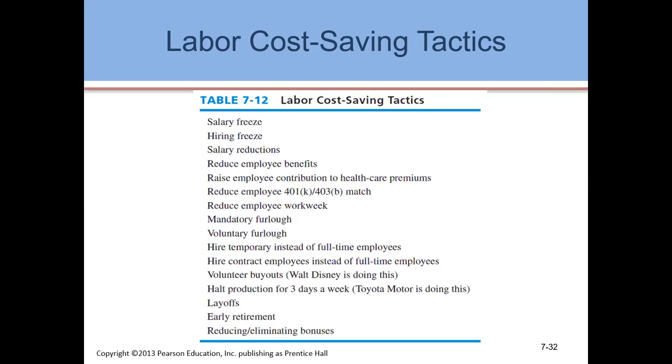So there can be so many tactics to reduce the overall labor costs.